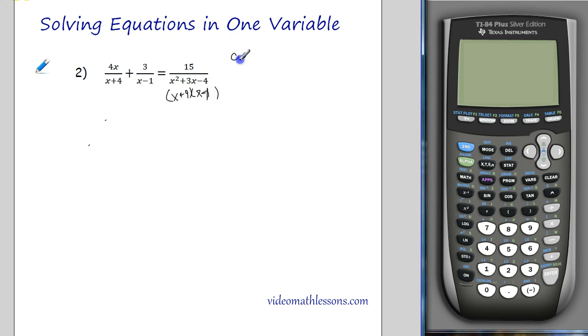So when I look at this problem, my CD is going to be x plus 4 times x minus 1, because that's what I have floating around the whole problem. So I'm going to go through, put my parentheses on things, and I'm going to put the x plus 4, x minus 1 in the numerator of each term.